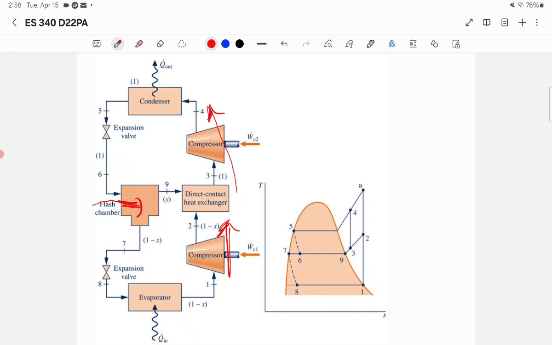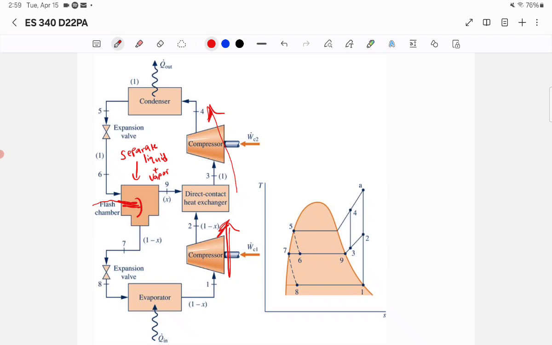In the flash chamber, you will separate liquid and vapor. Basically the idea here is that you have some kind of mixture, and you're going to use this chamber in order to separate the two phases from one another.